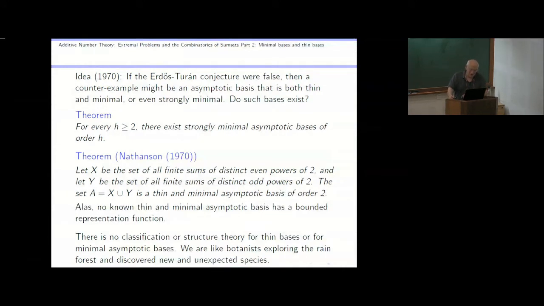I certainly don't know why. And as I said again yesterday, there is no classification or structure theory for thin bases or for minimal asymptotic bases. We can construct various examples. Lots of people have constructed different types of examples, but they're all like isolated flowers that you find in the forest. You still don't know any connection between them or any way to classify them.